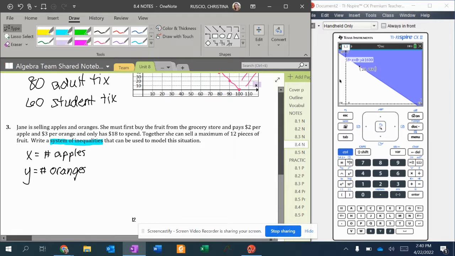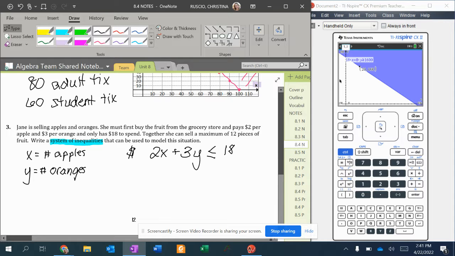Okay. Now let's see. I think you guys know what to do from here, right? Because it's $2 per apple. So this would be a money inequality. So $2 per apple plus $3 per orange. But Jane only has $18 to spend. So we know that this is going to be 18 over here. Her spending is on the left side. She has to spend less than or equal to $18.